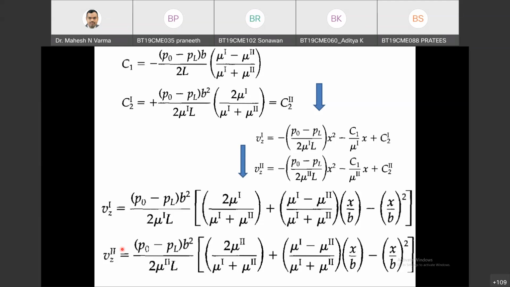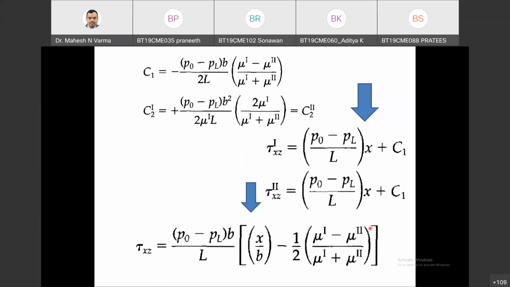The flux profile is the same for both phases, because viscosity is the property which differentiates the two phases in momentum transfer, and for flux it has a similar role to play.